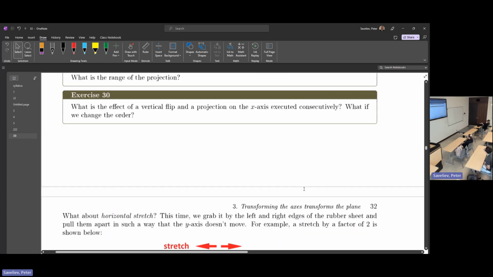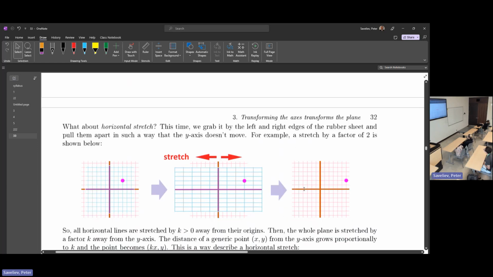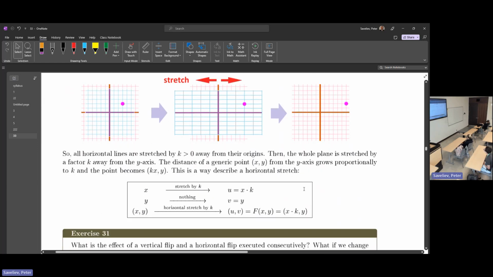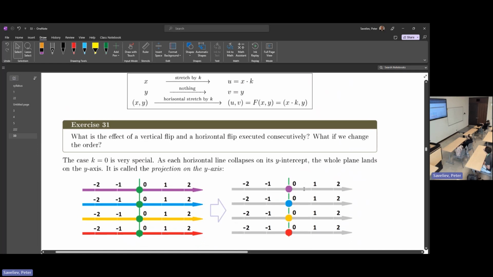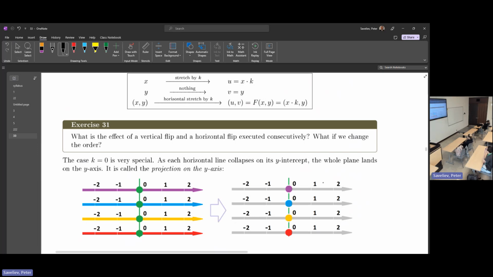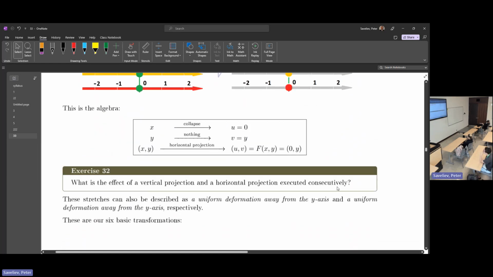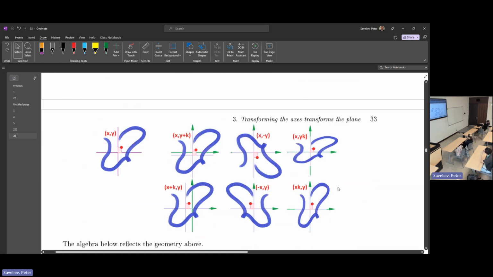Okay, so the horizontal collapse, same story. This is the algebra. This is the horizontal collapse. As you can see, the end result is that the image is the y-axis this time. And once again, the formula. These are our 6 basic transformations, the basic transformations to begin with.